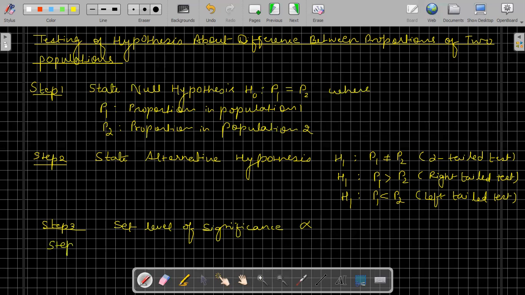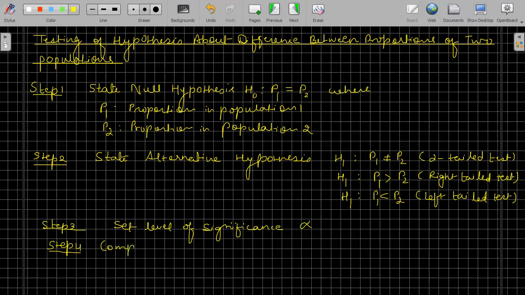Step number 4 is to compute the value of the test statistic. The test statistic means the value of Z, because we know that the sampling distribution of the difference between sample proportions is always normal in shape for large sample size, and we check that the product of n1 into p1 should be greater than 5, and n2 into p2 is also greater than 5.